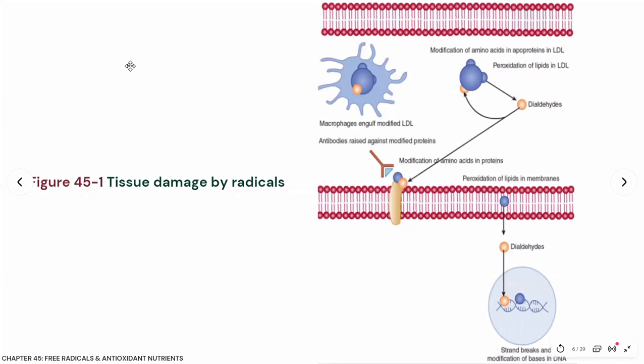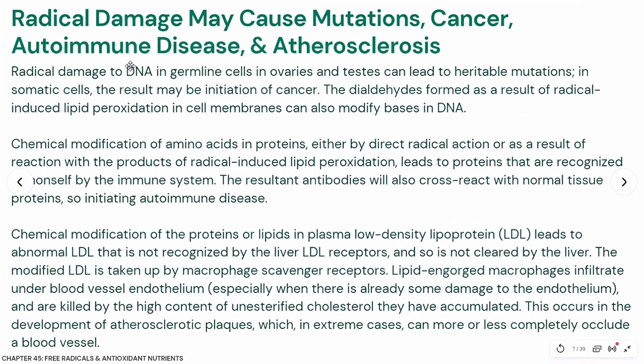So radical damage will lead to mutations, cancer, autoimmune disease, and atherosclerosis. Okay, radical damage to the DNA will affect, of course, the germline.